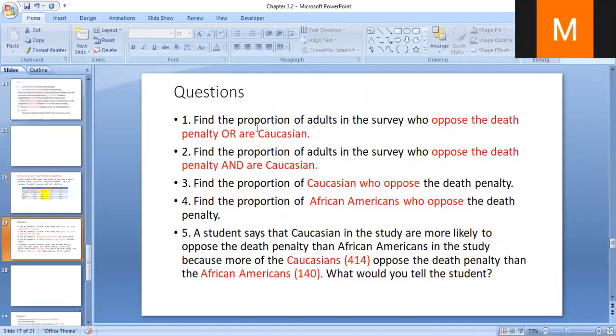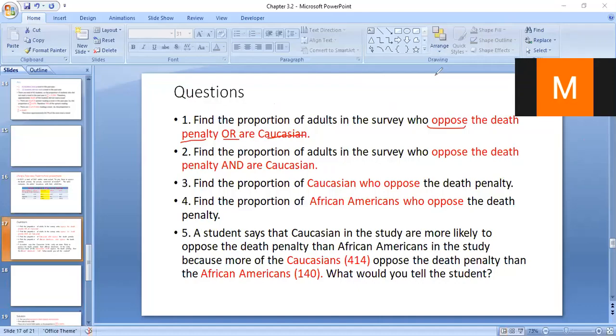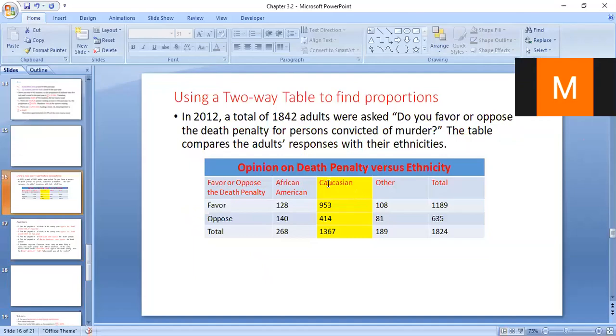Now the question is: what proportion of those in the survey uphold the death penalty or are Caucasian? The question is uphold the death penalty or Caucasian. You look at the table. This is the Caucasian. Okay, Caucasian and uphold.